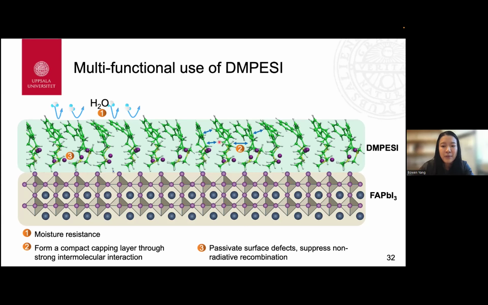And then additionally, by analyzing the solar cells before and after operational aging tests, we found that this surface treatment can also efficiently inhibit the ion migrations, especially the gold and iodide ions within the device upon aging.